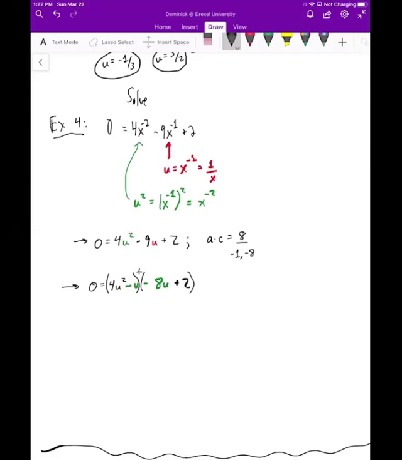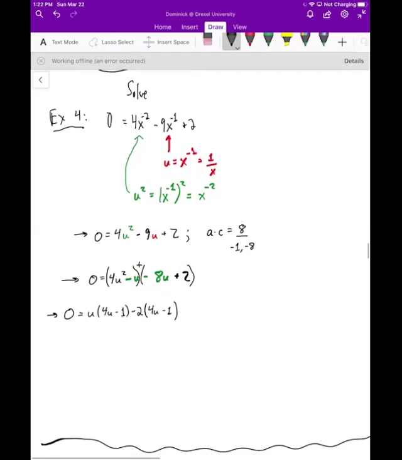So it looks like in my first pair, we can factor out a u. So we'll get u times 4u minus 1. And in the second pair, it looks like I can factor out a minus 2 if I want these two things to match, and I'll get a 4u minus 1.